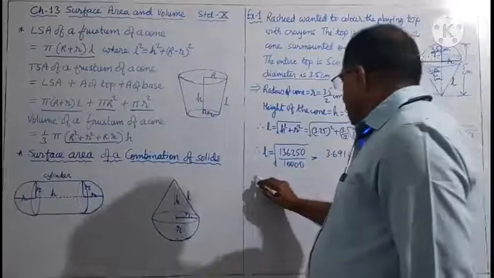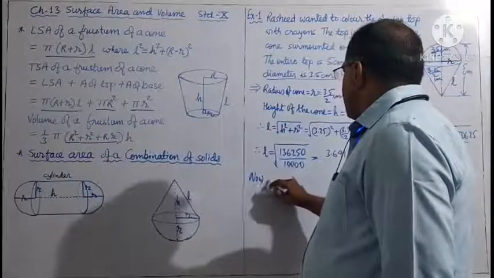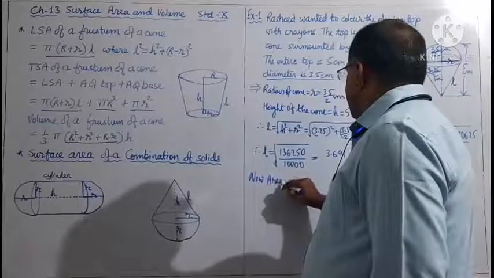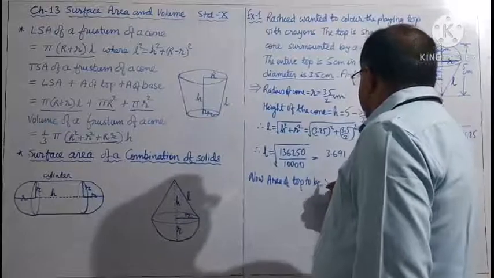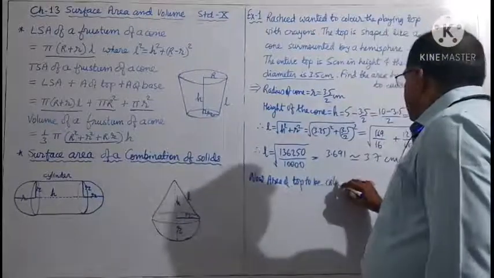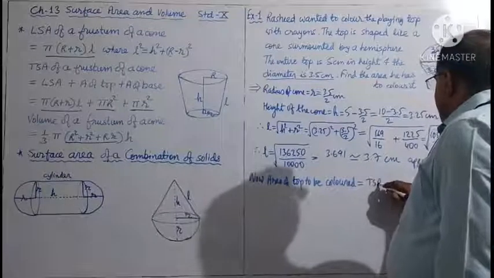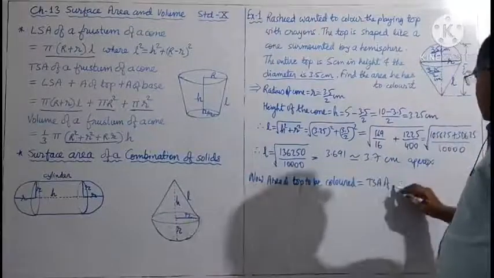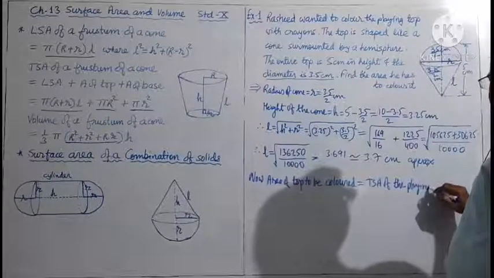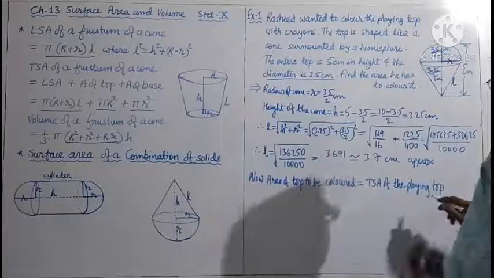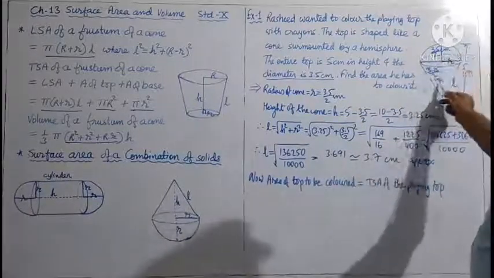So now our question is to find the area to be colored. So area of top to be colored is equal to total surface area of the plane top, and this plane top is having two things, that is hemisphere and cone.